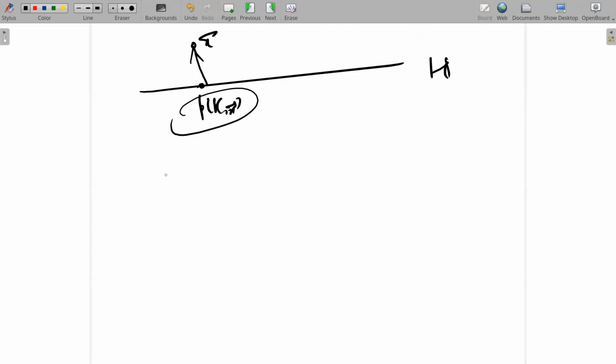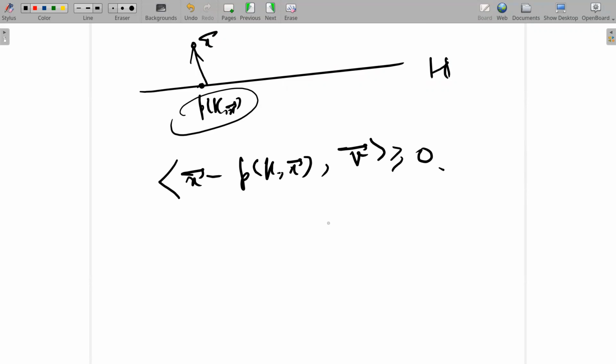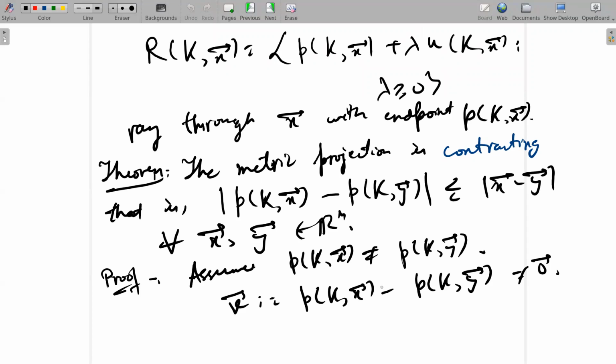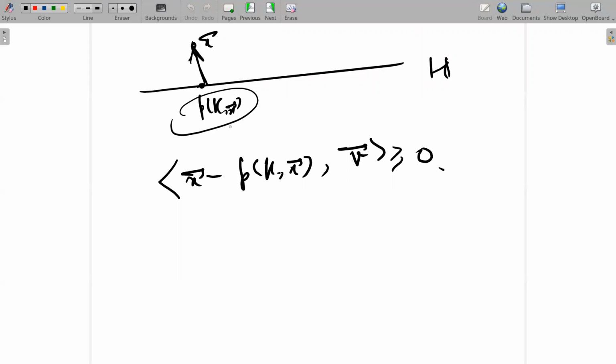My claim is that the inner product of x minus P_K x with v is bigger than or equal to 0. So what is x minus P_K x? That is this vector right here. And I'm claiming that this vector and v, which we took as P_K x minus P_K y, make an angle of more than 90 degrees. So it is going in this direction. How do we show that?